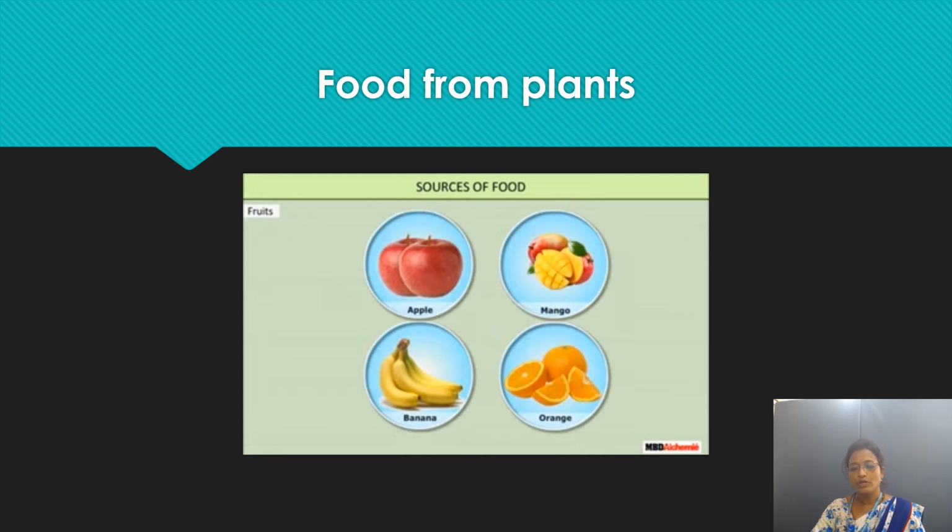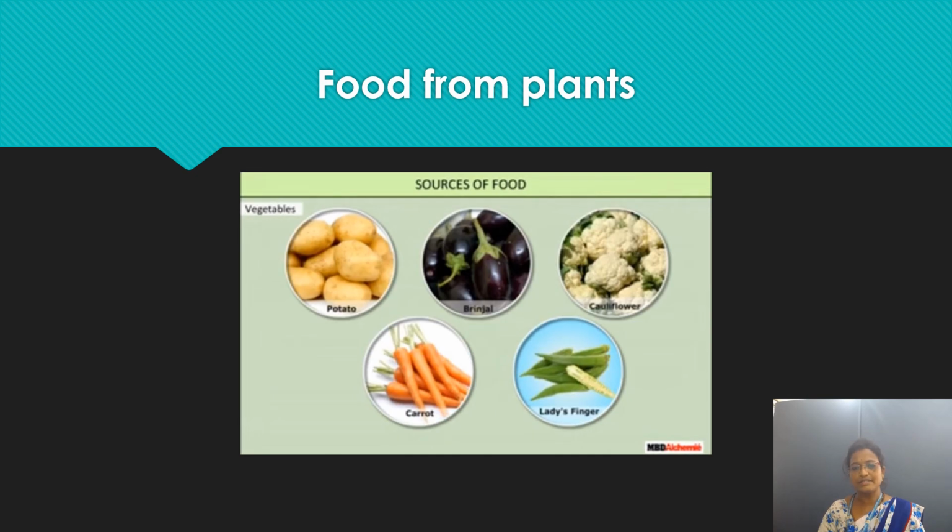Here a few images are there like apple, mango, banana, orange. Next is vegetables. Here you can see vegetables on the screen like potato, brinjal, cauliflower, carrot and lady's finger. These are the vegetables which we get from plants.